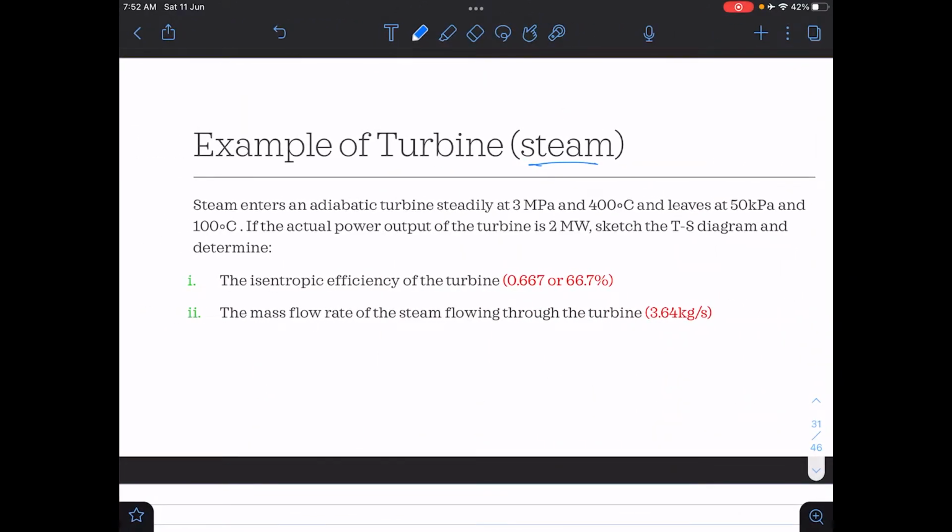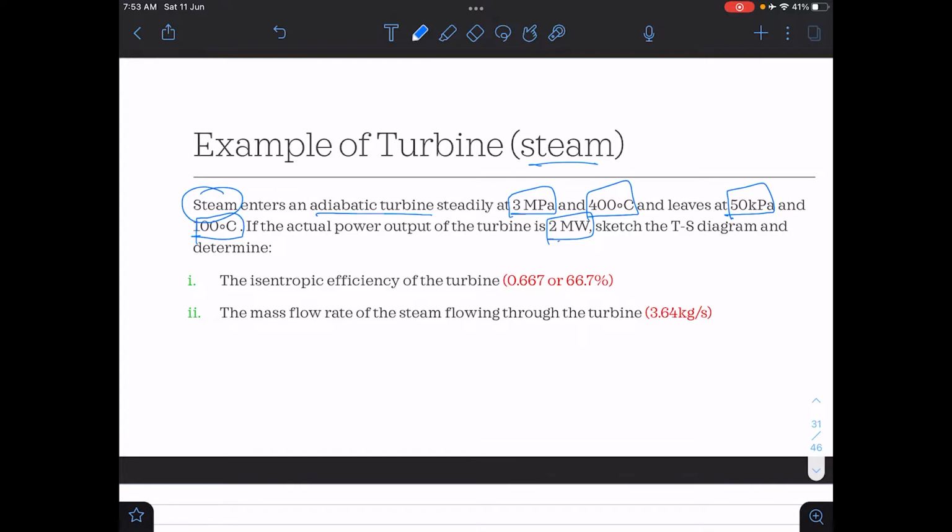Alright, so the question here: steam enters an adiabatic turbine steadily at 3 MPa and 400 degrees Celsius, and then leaves at 50 kPa and 100 degrees Celsius. So this is steam, and it mentions adiabatic turbine. If the actual power output of the turbine is 2 megawatt, sketch the T-S diagram and determine.